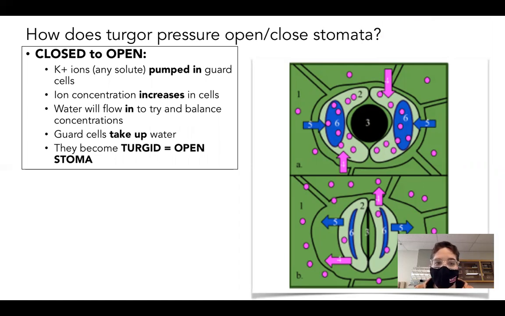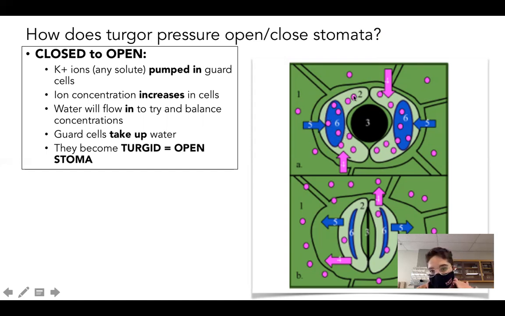And so in a closed cell that is going to open, the solute, the potassium ions, on the outside of the cell are going to be less than the inside of the cell, so they will travel inside of the guard cells, and this will also trigger the water to enter the guard cells to try to balance those concentrations.